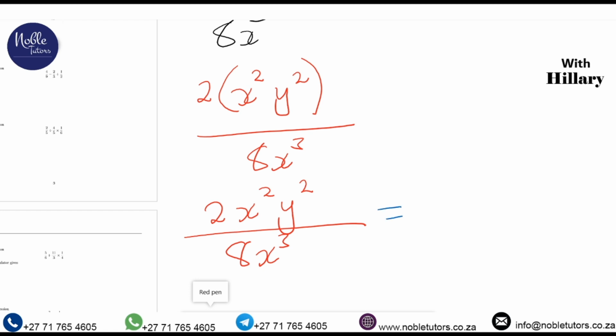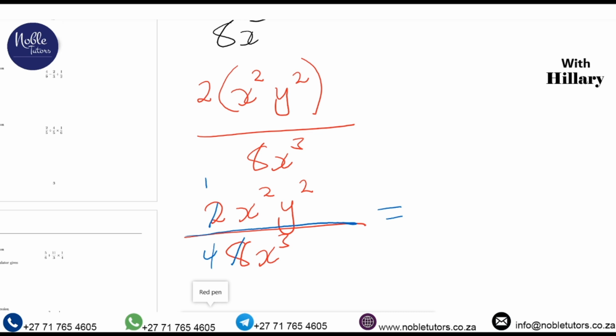Once you're done with that, can you see that they are dividing? So if you are dividing, the numbers you divide as normal. 2 into 2 is 1, into 8 is 4. But when you are dealing now with the variables and exponents, you subtract. If you are dividing exponents, if the bases are the same, you subtract.